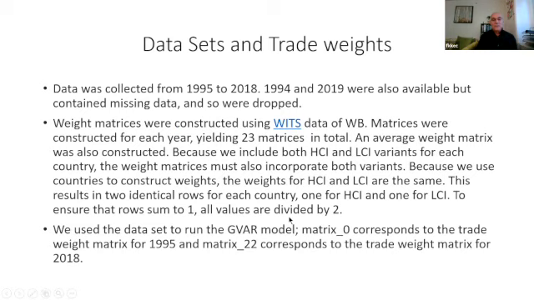And we have identical rows for each country for high and low, because there is only one trade share per country. We divide them into 2 to make sure that they sum up to 1.